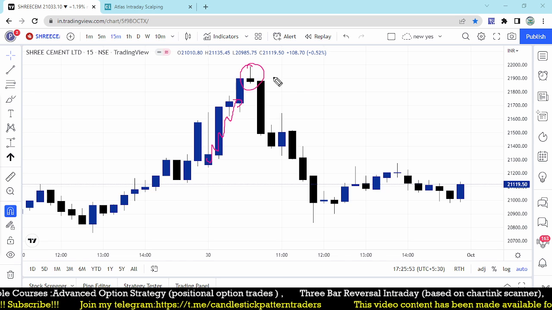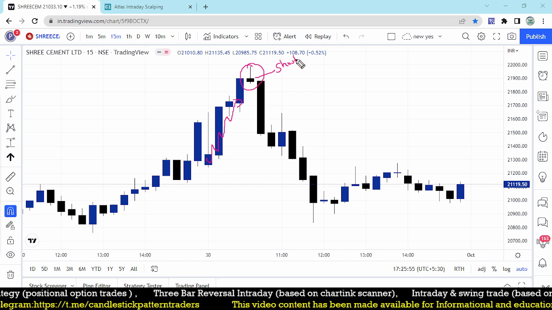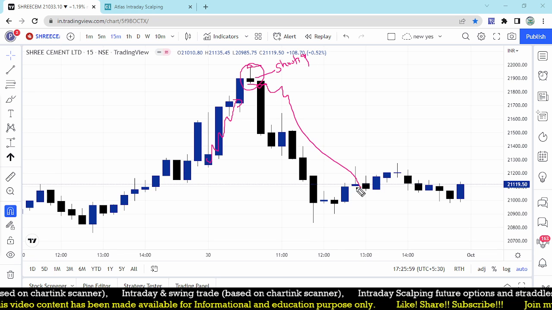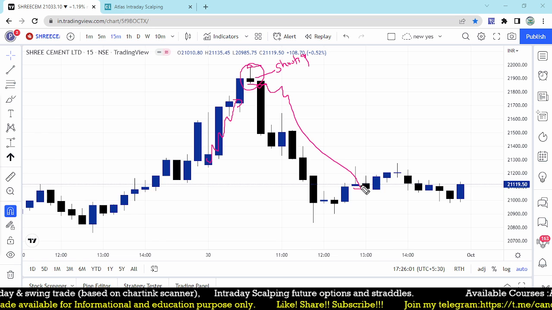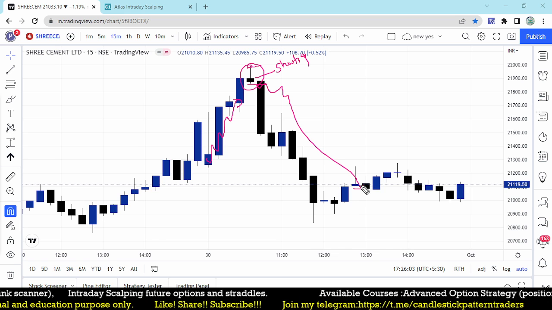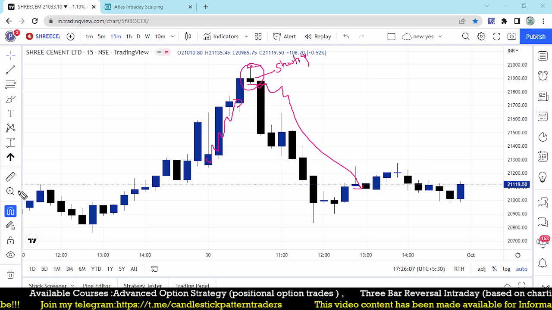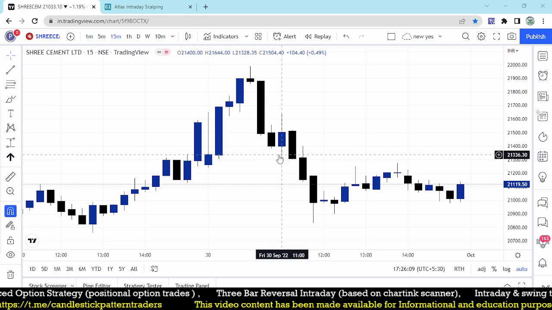Then reversal, because it keeps on going higher and higher, there is a point, it's a shooting star. The risk is very small. When we manage the risk and reward, it would be the best option to make huge benefit from intraday trading. That is what's happening here.